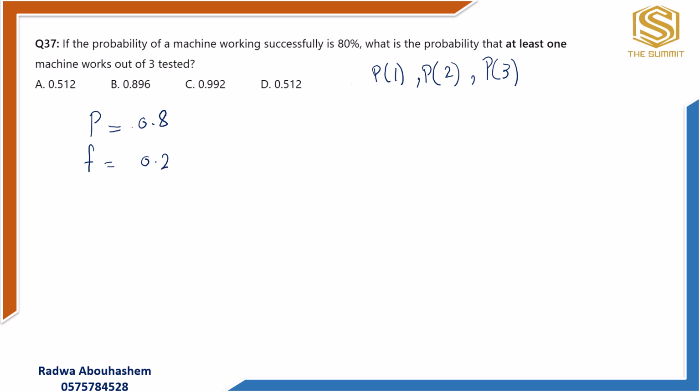Now he needs the probability that at least one machine works out of the 3 tested. So the probability of at least one equals 1 minus the probability of 3 fails.